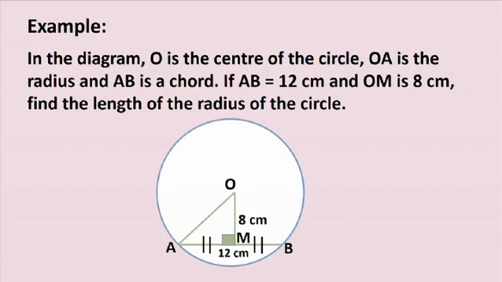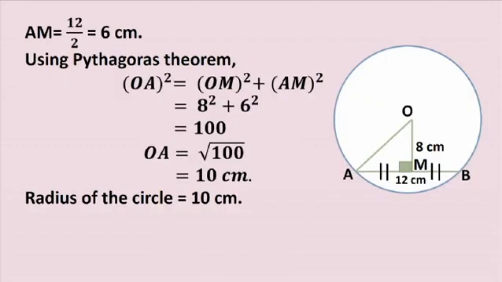In other words, I need to find the length of OA. So let us have a look at the solution. Since AB is equal to 12 centimeters, so AM will be half of AB, that is AM will be 6 centimeters.